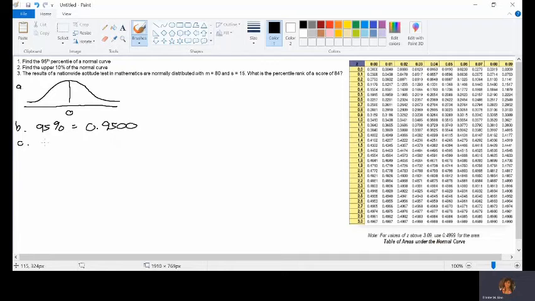Step number 3, we're going to split 0.9500 into 0.5000 and 0.4500. Why did we split it? Because we remember 50% is below the mean and 50% is above the mean.